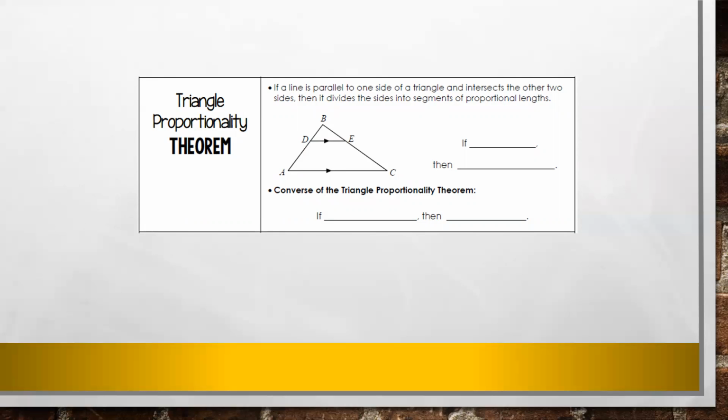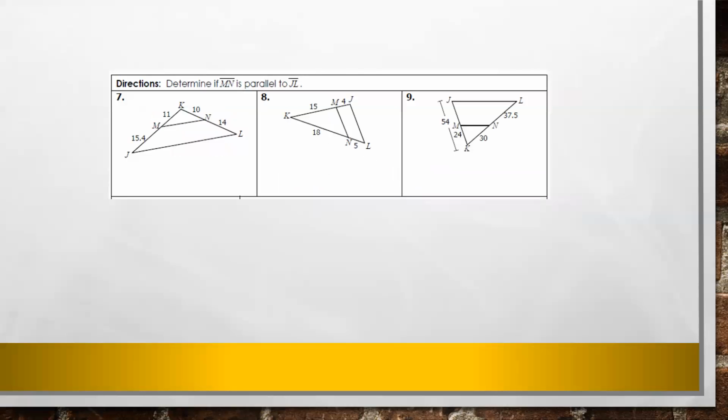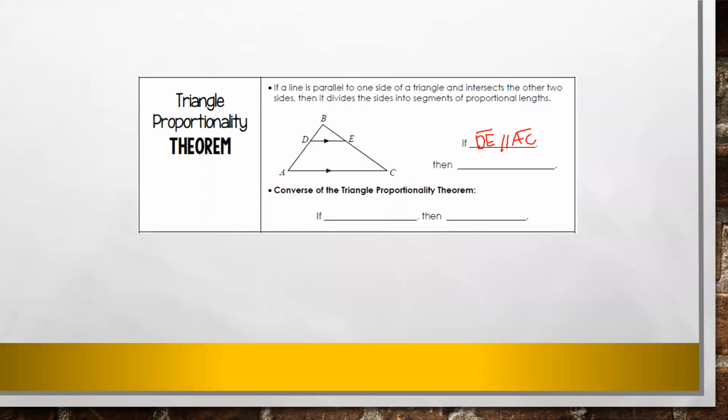So if a line is parallel to one side of a triangle and it intersects the other two sides, then it divides the sides into segments of proportional lengths. So what that means is that if in this triangle DE is parallel to AC, then it's splitting your sides proportionally, meaning you could write the fraction BD over DA, that would be proportional or equal to BE over EC.